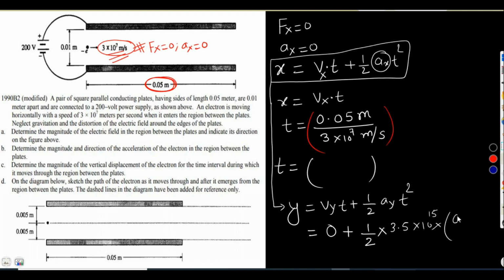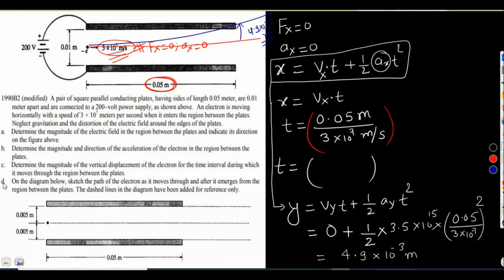T is 0.05 divided by 3 into 10 raised to power 7, whole square. After solving, we will get 4.9 into 10 raised to power minus 3 meter. So it will deviate this much. This is the normal path, and the actual path will be like this, and it will deviate 4.9 into 10 raised to power minus 3 meters.